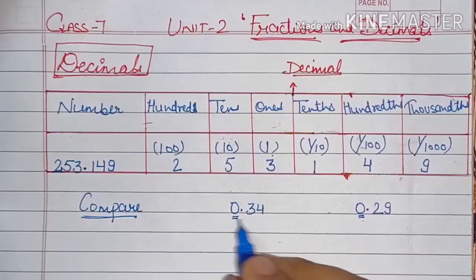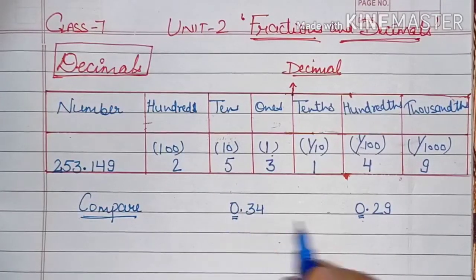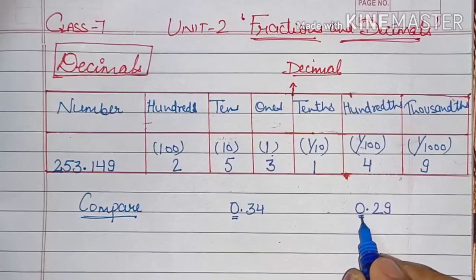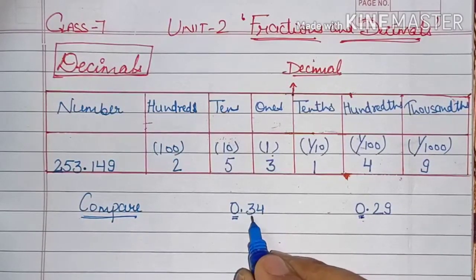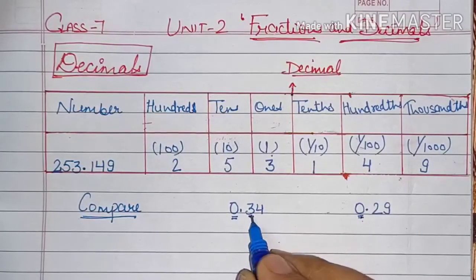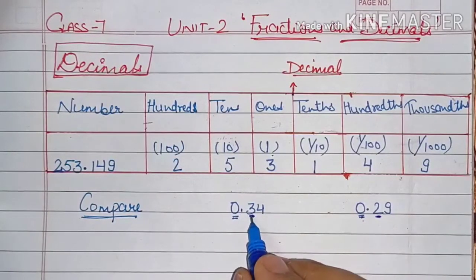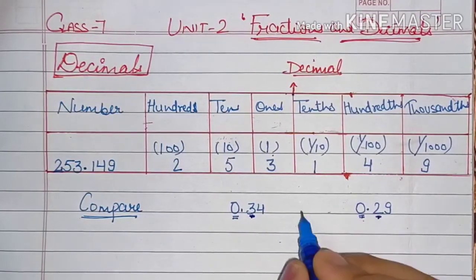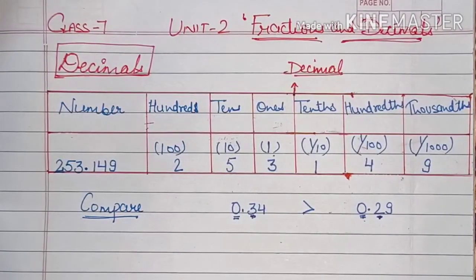It is 0, that is same. If the number on the left side of the decimal is same, then we will check the next digit which is after the decimal. Here we have 3 at the tenth place, and here is 2 at the tenth place. Obviously 3 is greater than 2. So that means 0.34 is greater than 0.29.